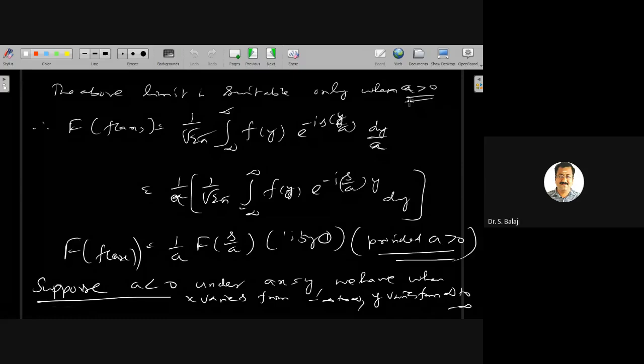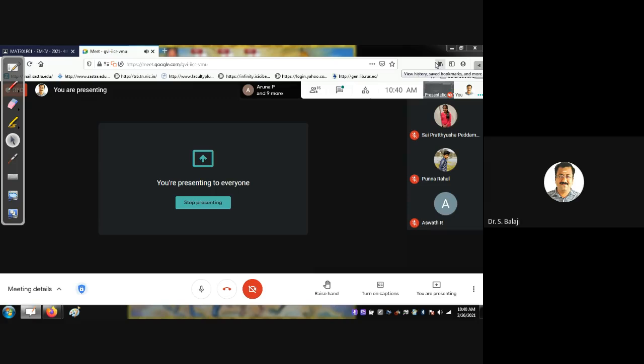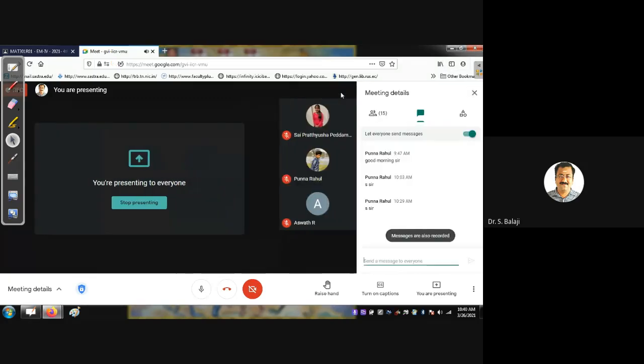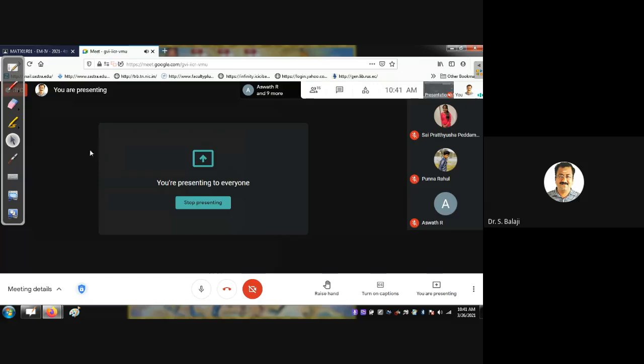Therefore, 1 by root of 2 pi, the same limit minus infinity to infinity, by considering a is greater than 0, f(y), putting ax equal to y.